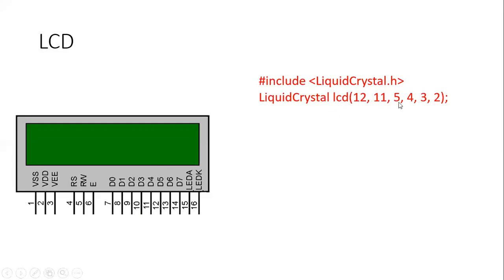We can configure these pin details for connecting an LCD with a microcontroller. Then we start with the setup. In the setup function, the first command we write is the begin function of the LCD, where we specify that it is a 16 cross 2 matrix.